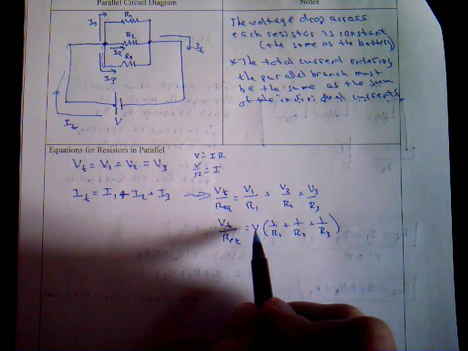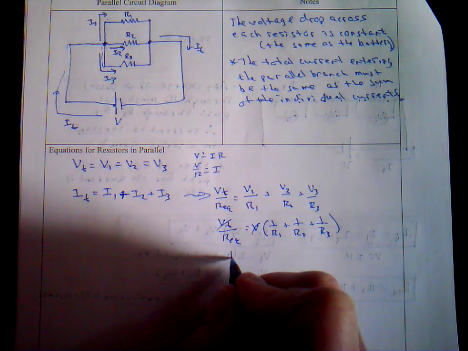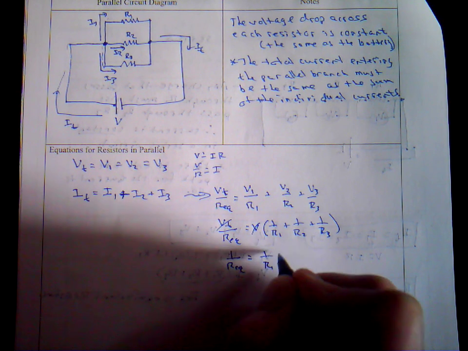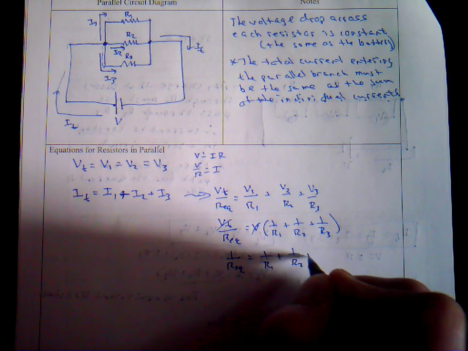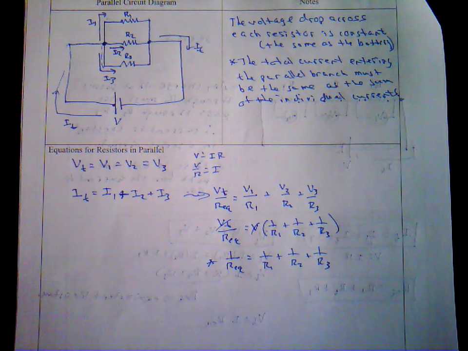And total voltage is equal to this voltage, so the voltage cancels out. So what we have is this equation, 1 over Req is equal to 1 over R1 plus 1 over R2 plus 1 over R3. This is the equation for the equivalent resistance.